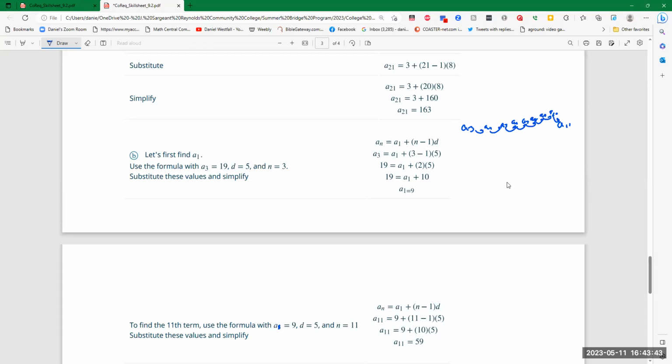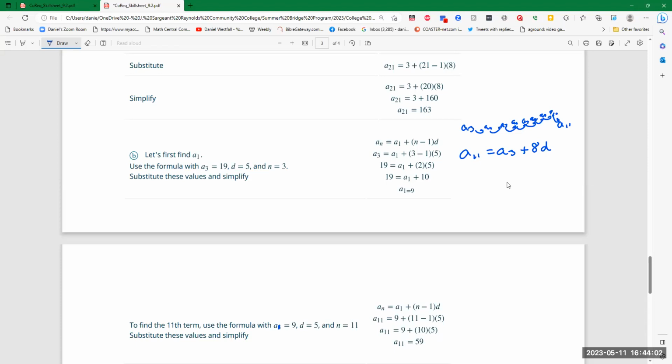So I need to take my A3, my A11 is going to be equal to A3 plus 8 times my D, because the difference between 11 and 3 is 8.